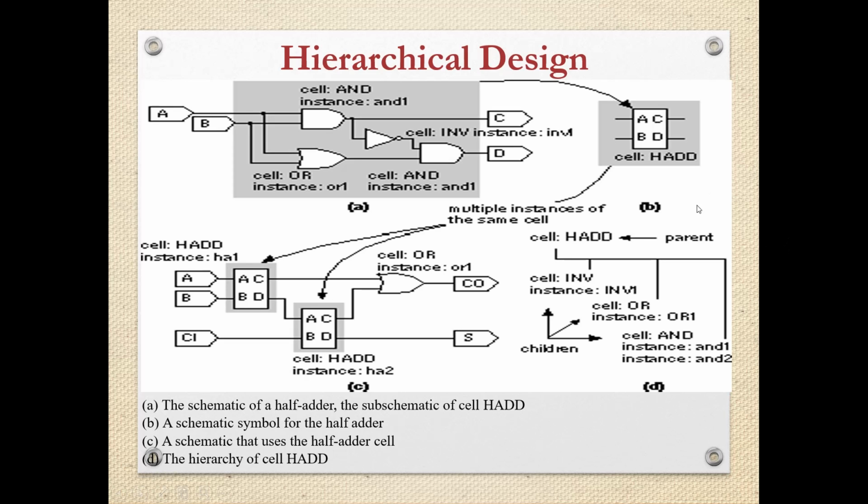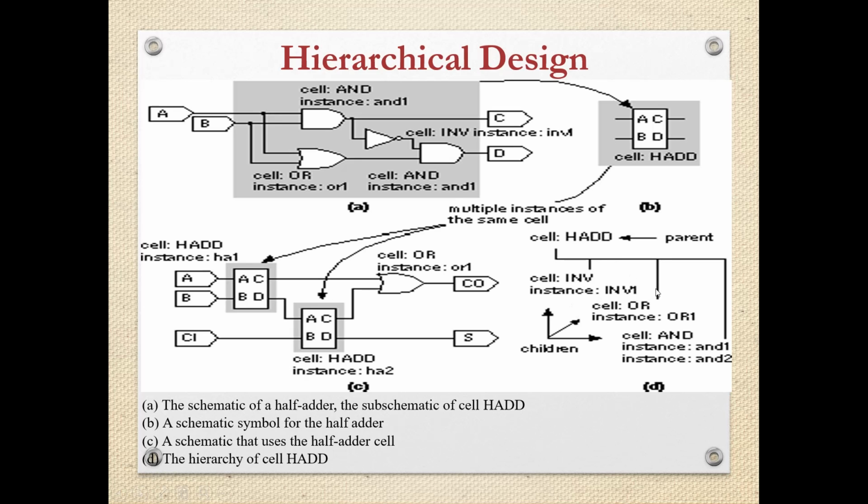Now this cell, HADD, is called the parent cell, and this parent cell has a number of children. The children have the names AND, OR, NOT, because this half adder circuit consists of two AND gates, one OR gate and one NOT gate.